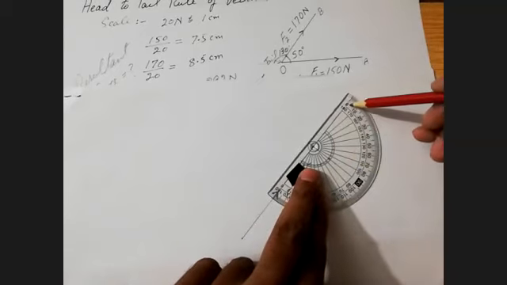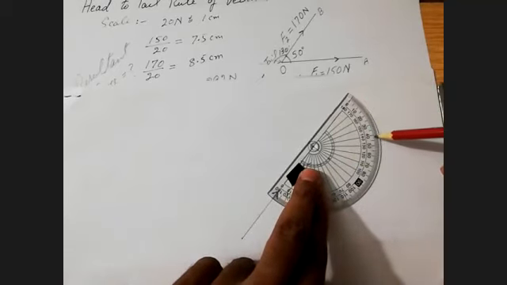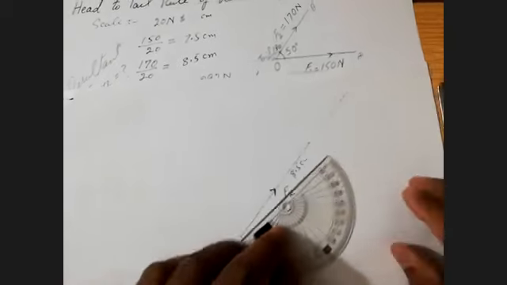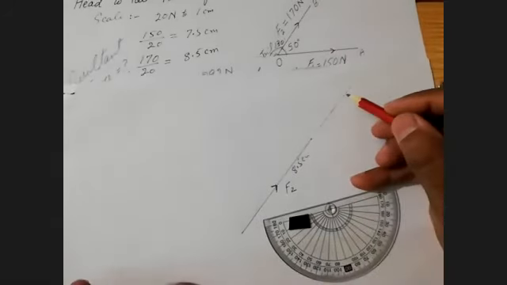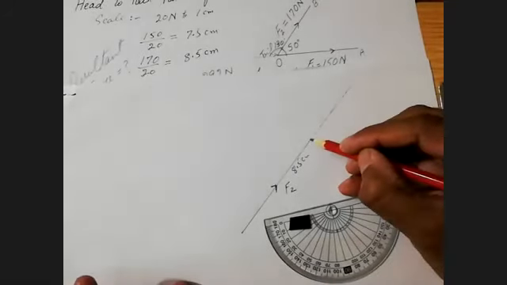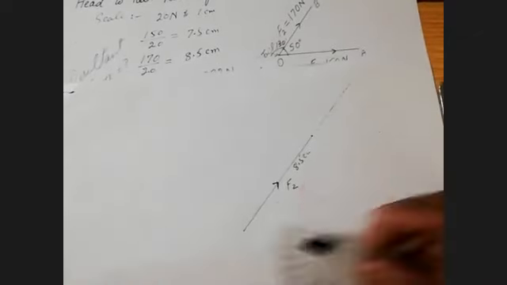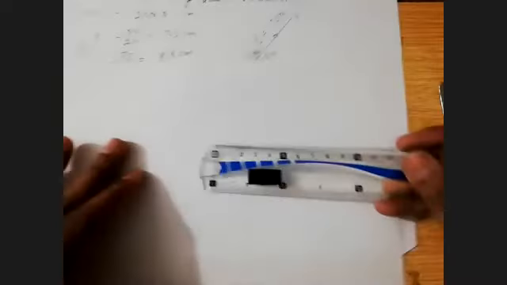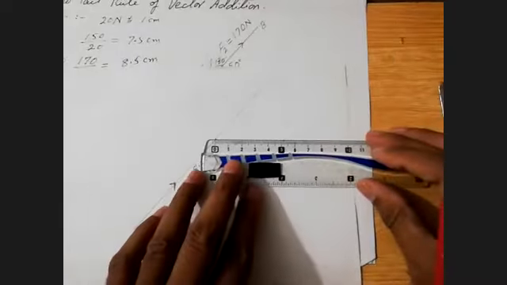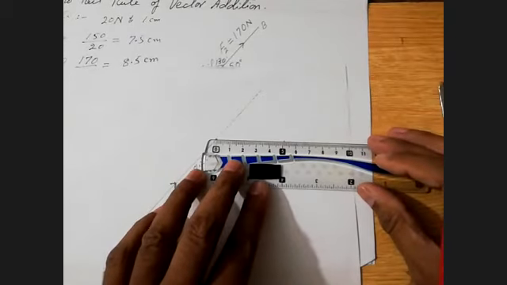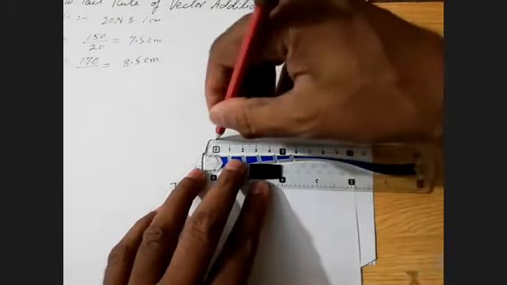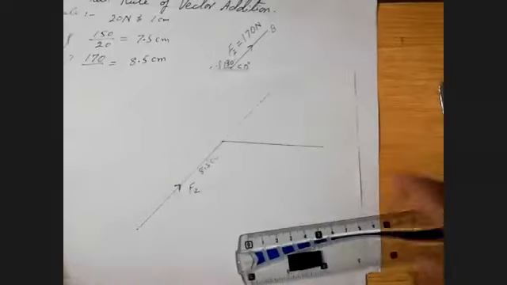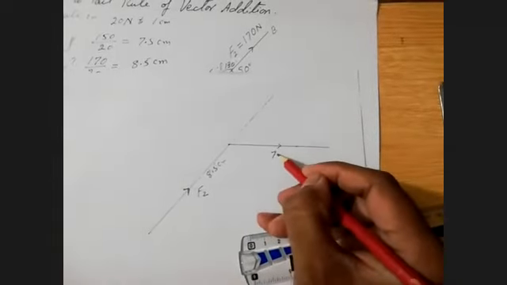Now from this zero, I'm going to measure the angle of 50 degree. So here it comes, the angle of 50 degree. I'm marking this angle of 50 degree. This dotted line is not part of this 8.5 centimeter vector. Now as I have marked this dot, I am going to draw the line measuring 7.5, because F1 is represented by 7.5 centimeter.